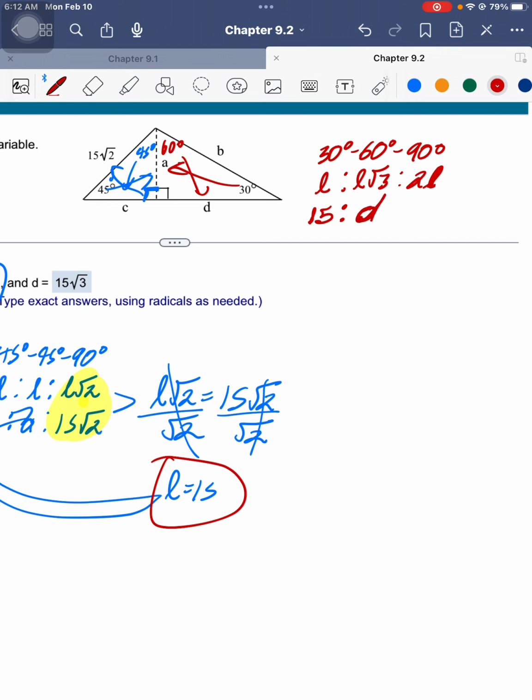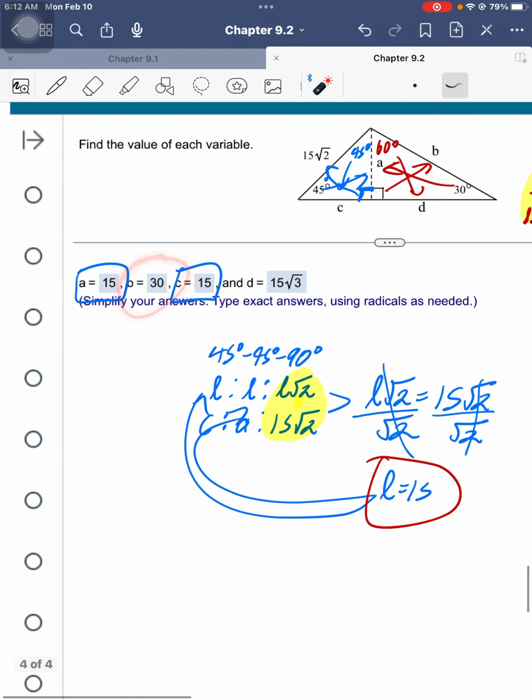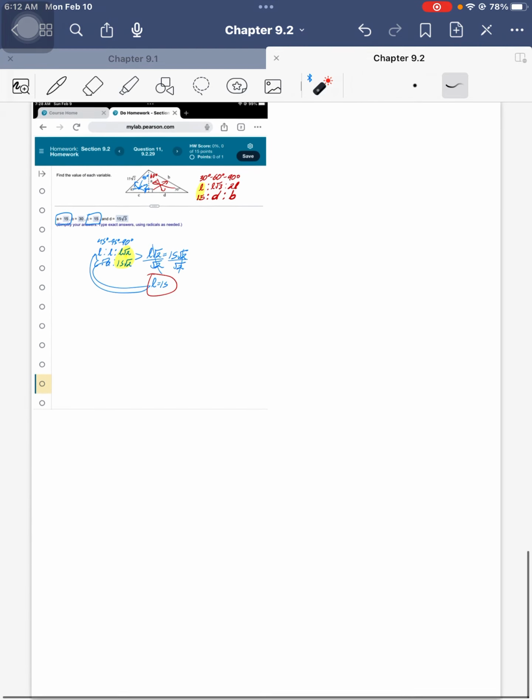The 60 is opposite to the D. And the 90 is corresponding to the B. Okay? So look, if L is equal to 15, then that means D would be 15 square root of 3. And then B would be 2 times 15, which is 30. 30. All right.